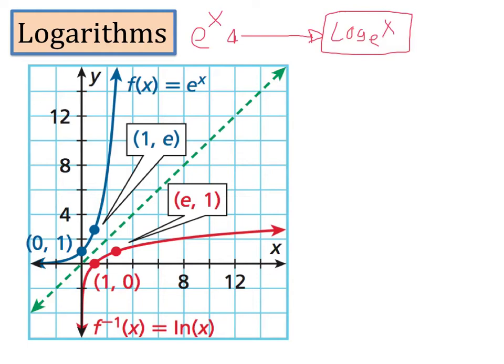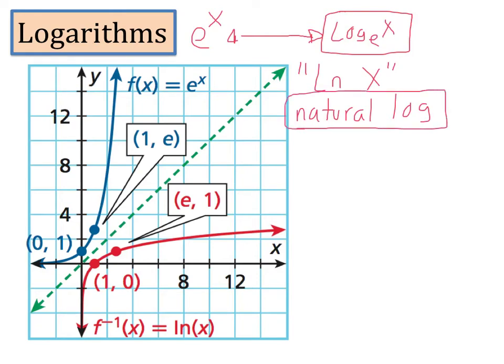Whenever we see log base e of x, it's written as ln of x, and this is called the natural log, which is just the inverse of e to the x.